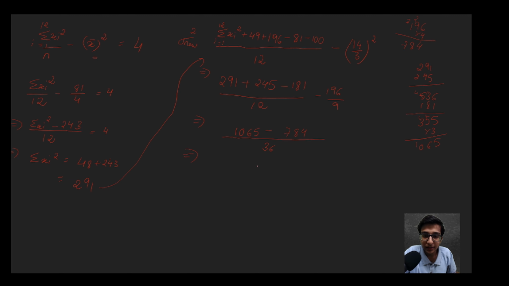And upon solving this, we would get 78 minus 106, which would give us 28. So this was our answer. Now we can try to simplify this more as well. 3 does it 12 times, so our answer would become 97 by 12.